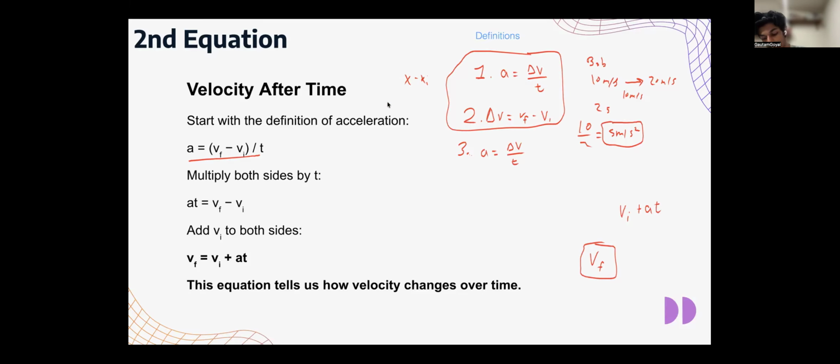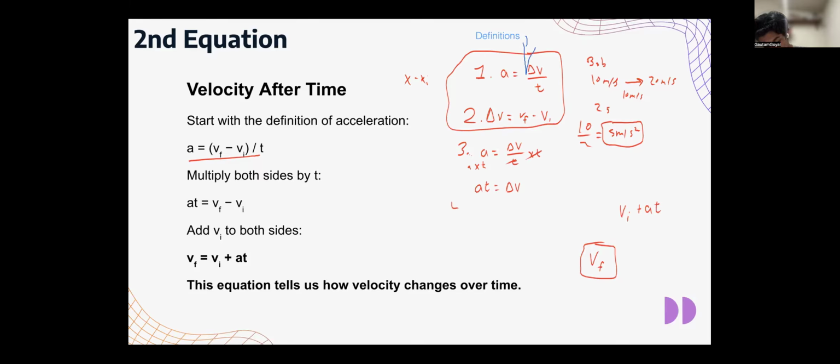So I'm going to multiply each side by T to get rid of this T. So I'm going to do AT is equal to delta V, correct?